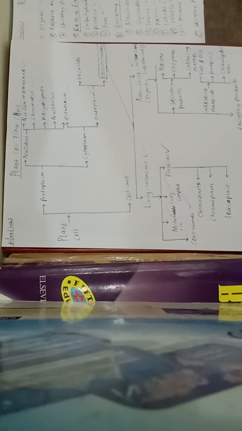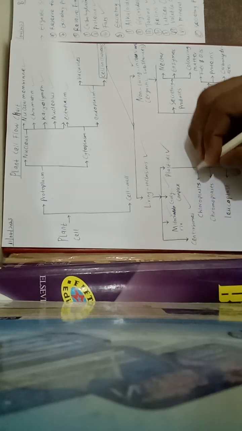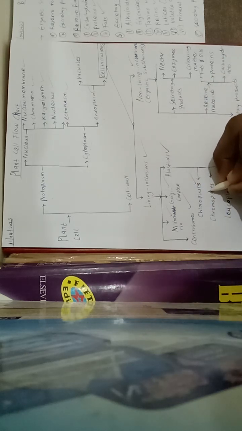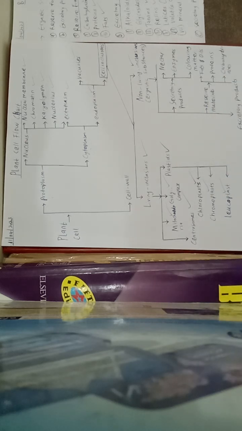Plastids is divided into three different parts as well: chloroplast, chromoplast, and leucoplast. As you can see, guys, the first one is chloroplast, the second one is chromoplast, and the third one is leucoplast.